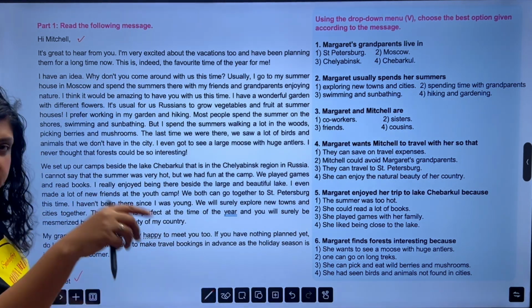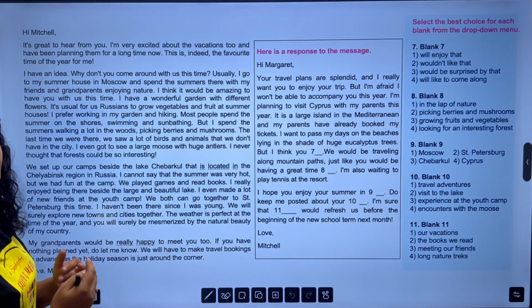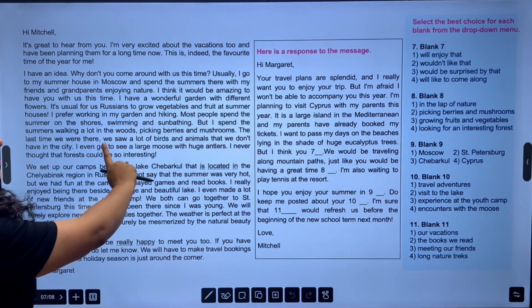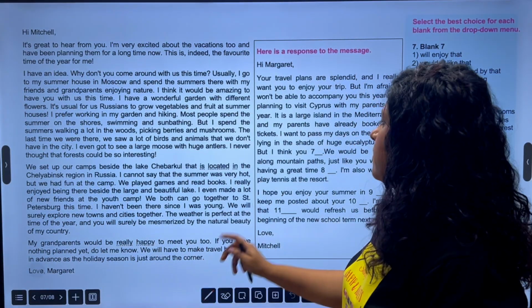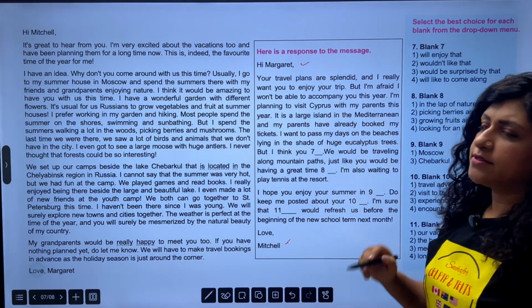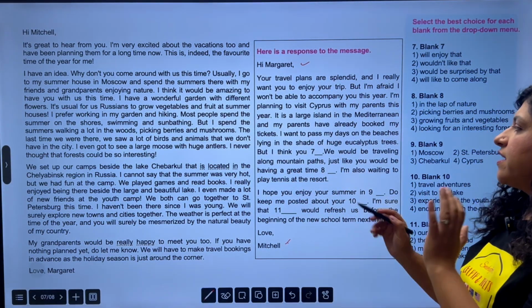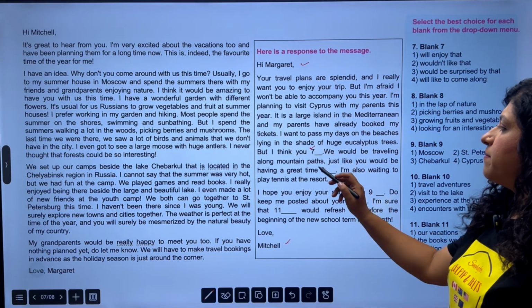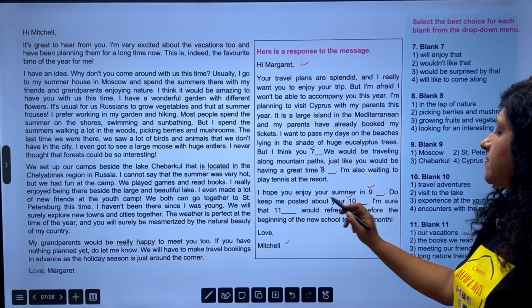And then in part 1 of reading, there is also a reply to this email. Now, Michelle is writing back to Margaret. So this is a reply to the email, and the rest of the questions are here in the reply, and these are now in the form of fill in the blanks.